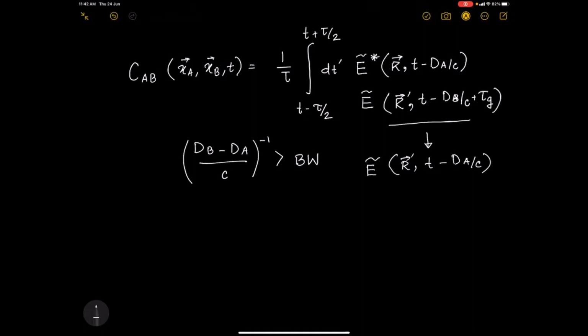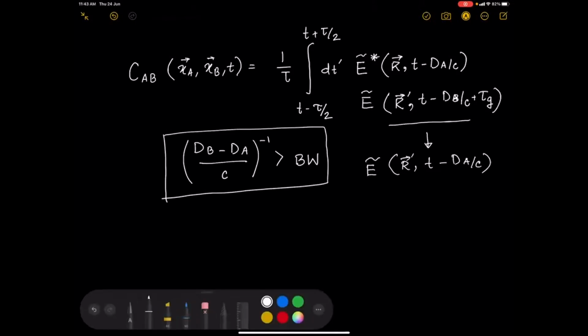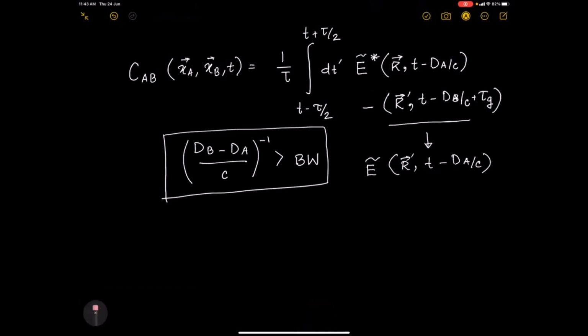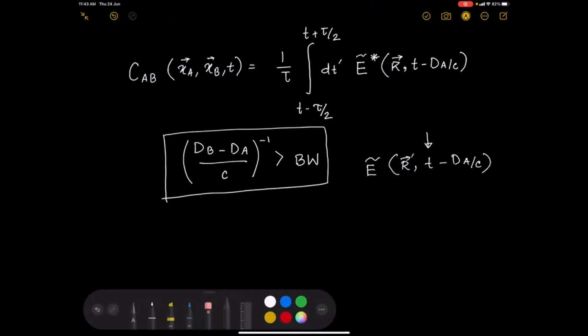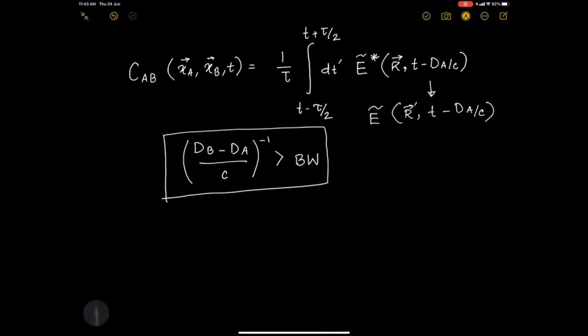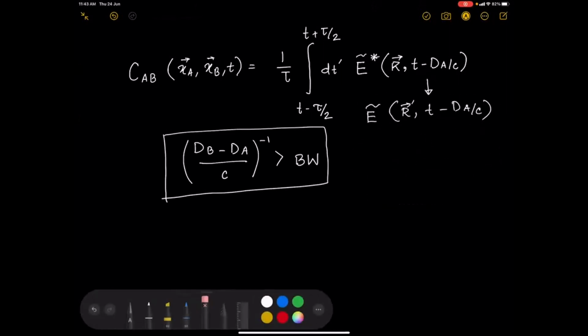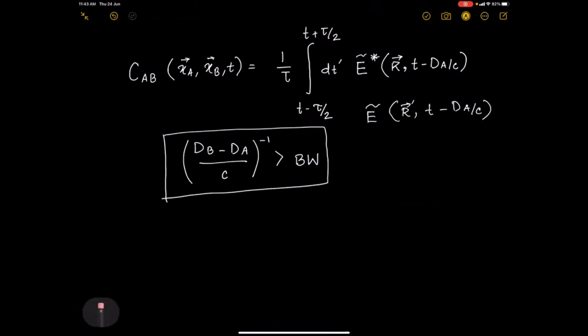And we can discuss that later, why that is required for a non-monochromatic signal. But if it is a monochromatic signal, there is absolutely no problem. I can just replace whatever is here, remove it and replace it with this.